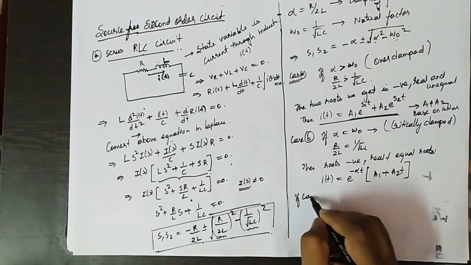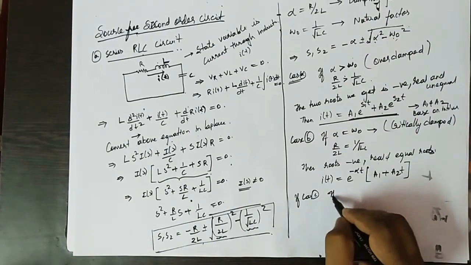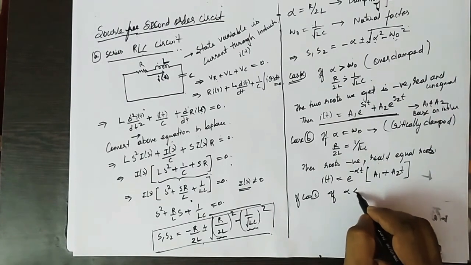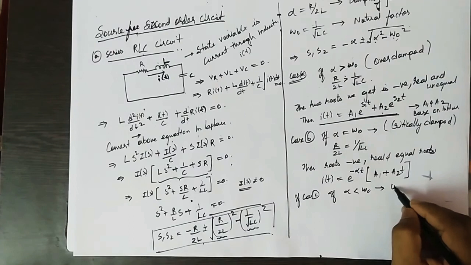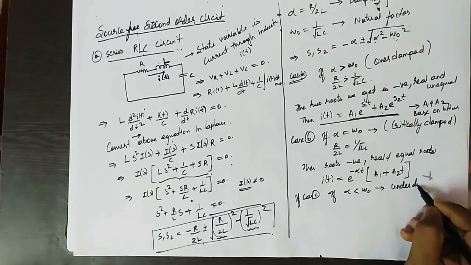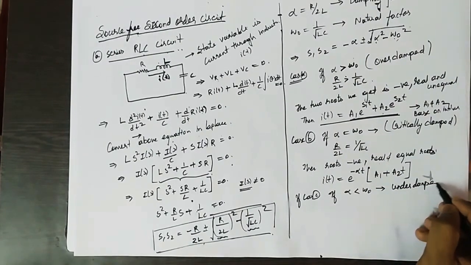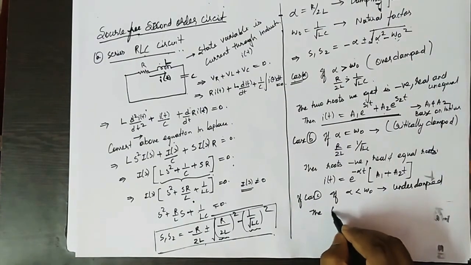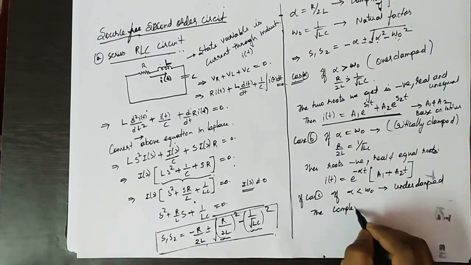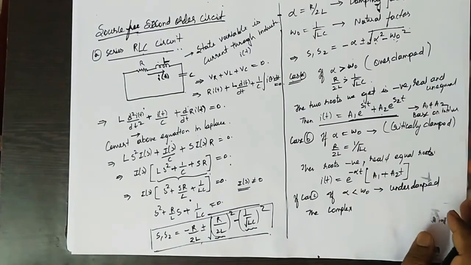Case C: if alpha is less than omega naught, then the response is underdamped. So the roots will be complex. You already know all these concepts.